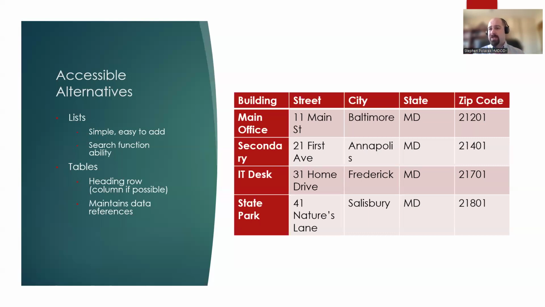If you're working with more data, like topographic information or heat index, I keep using those, or like age versus population density, that kind of thing, tables are probably your better method, because you're having separate data points for separate demographics or columns, and tables are able to be coded to maintain those relationships for us.